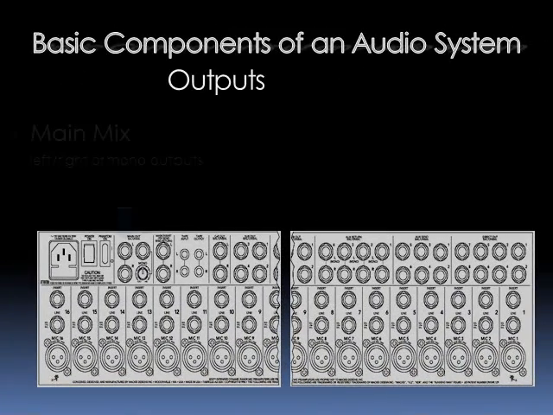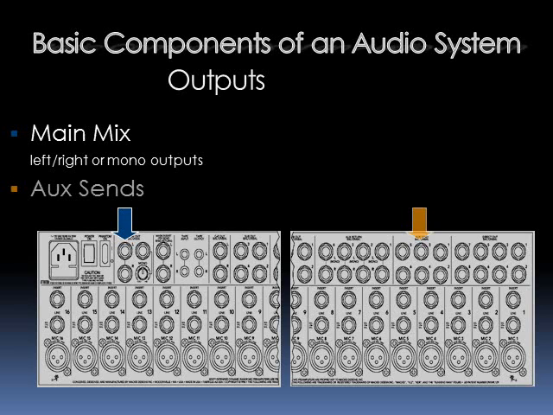And then we have the outputs. You have your main mix output. This could be a quarter inch or XLR type of connector. Then your aux sends. Again, these are just auxiliary ways to get audio out of the board. And then there's the direct out.